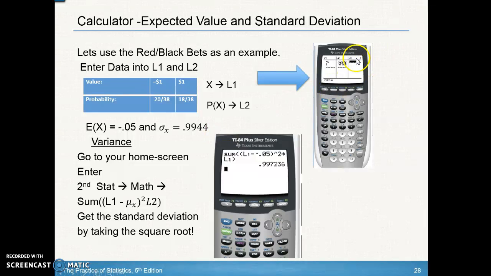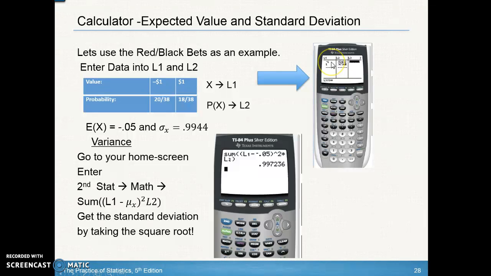Okay, so one way to do that is in list 3. This is how you could do this if you wanted to. You could highlight list 3. Okay, and I'm sort of going out of order here. Highlight list 3, and you're going to do list 1 minus the expected value. So you type in list 1 minus negative 0.05, because we're basically saying this value minus 0.05, squaring it, and then multiplying it by the value in list 2, which is the probability of that occurring.